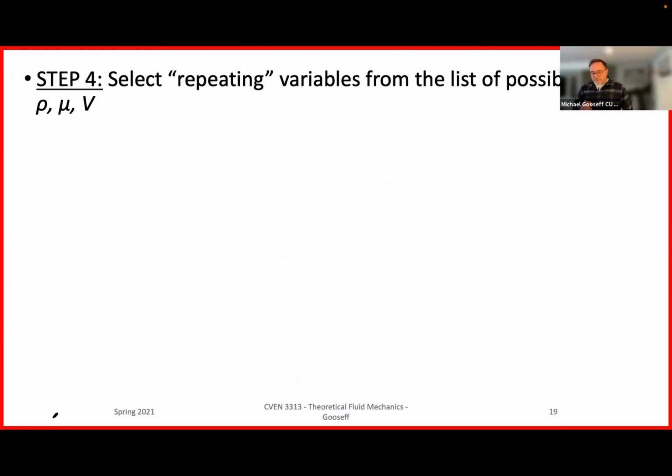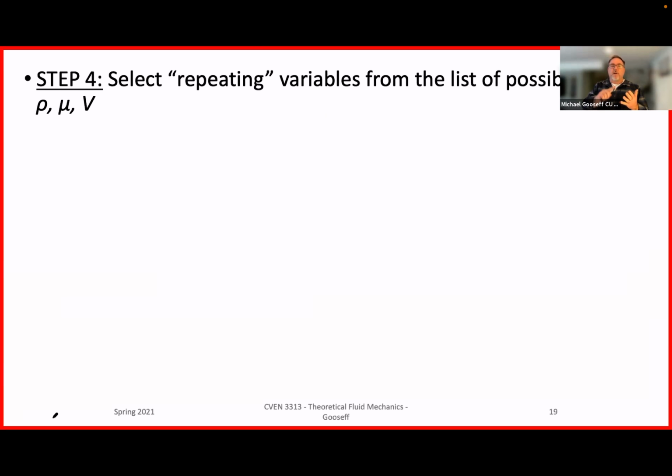Step 4, now we're going to select repeating variables from the list of possibilities. The one that can't be included is the one on the left-hand side, the thing that we're looking for. So the list of possible repeating variables are the 4 that we wrote on the right-hand side of that original equation: delta P L is equal to some function F of d, rho, mu, v.